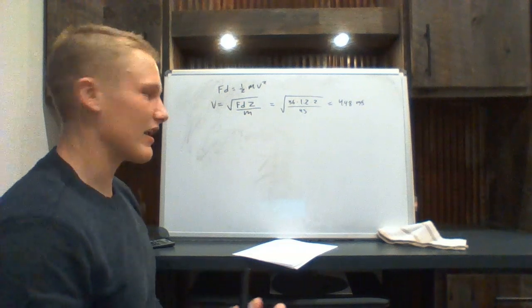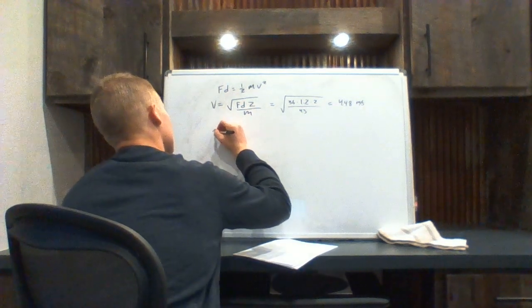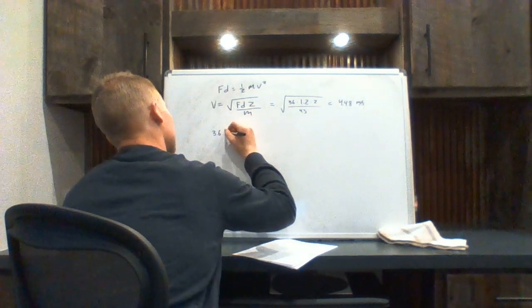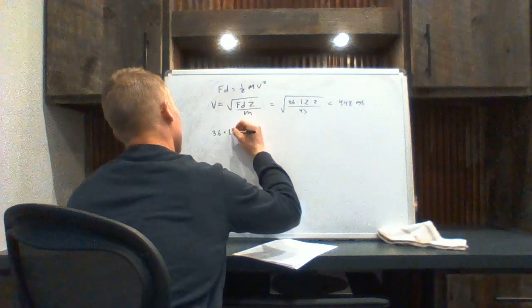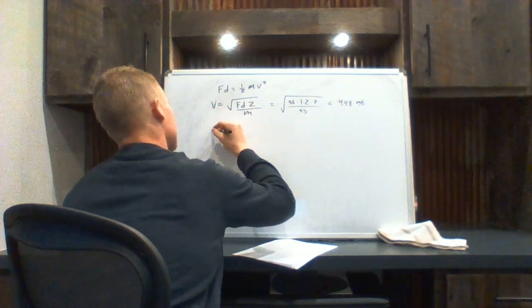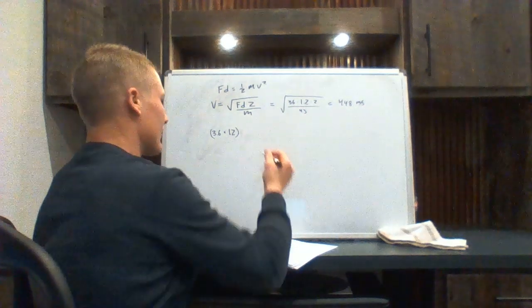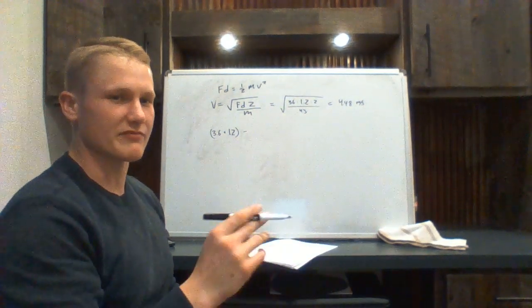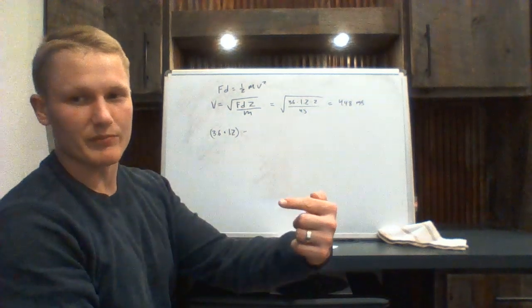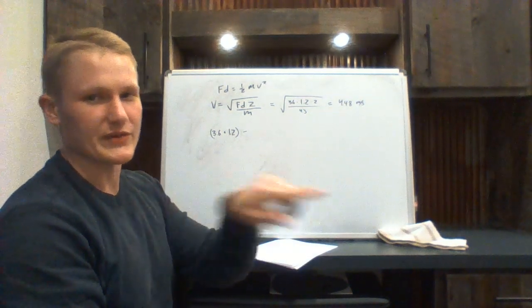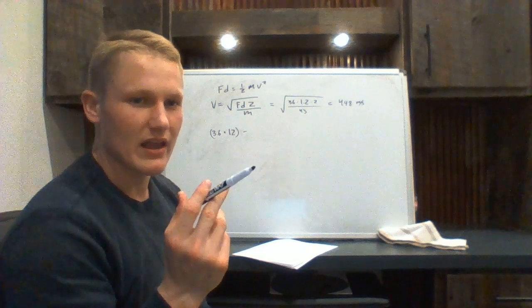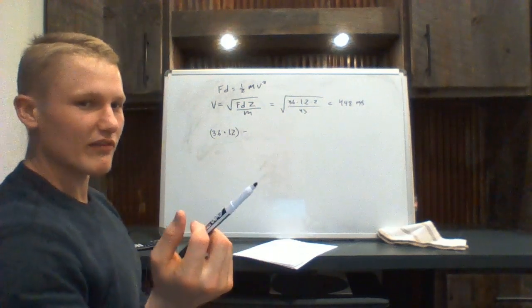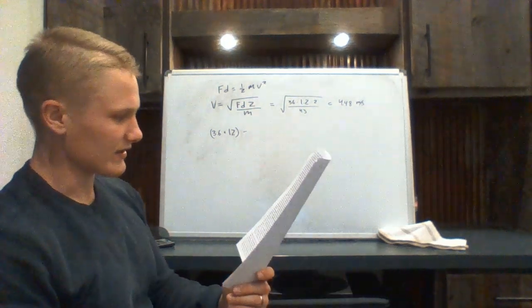So our net work done will be 36 times 1.2, which is the work from the dog, minus the work from friction. It would be negative because if the friction's pushing this way and our object's coming that way, you get a negative force.